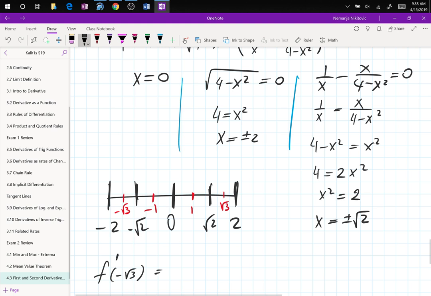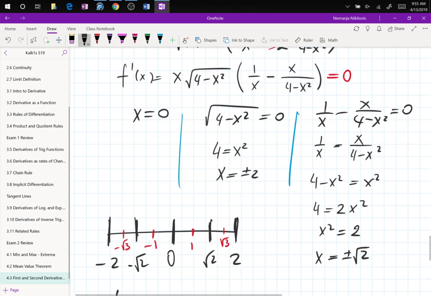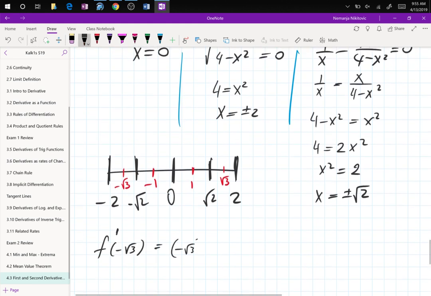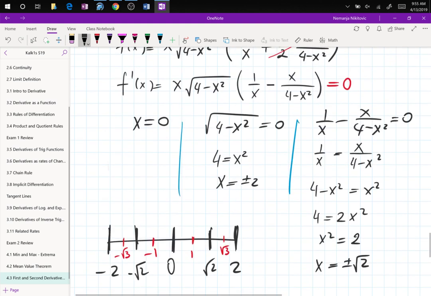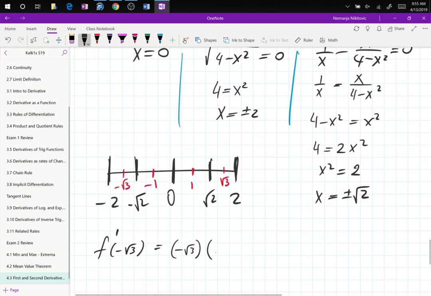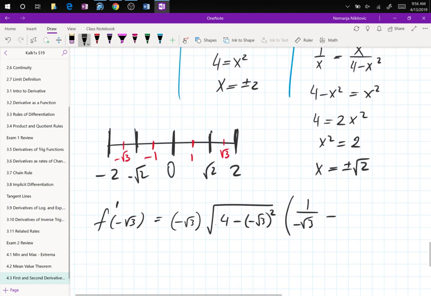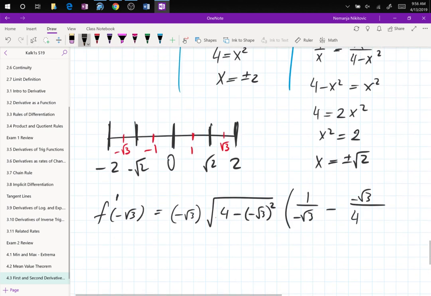F prime is x, that's going to be negative root 3, times, and now we have square root of 4 minus negative root 3 squared, and then we have the big parenthesis, 1 over negative root 3 minus negative root 3 over 4 minus negative root 3 squared.